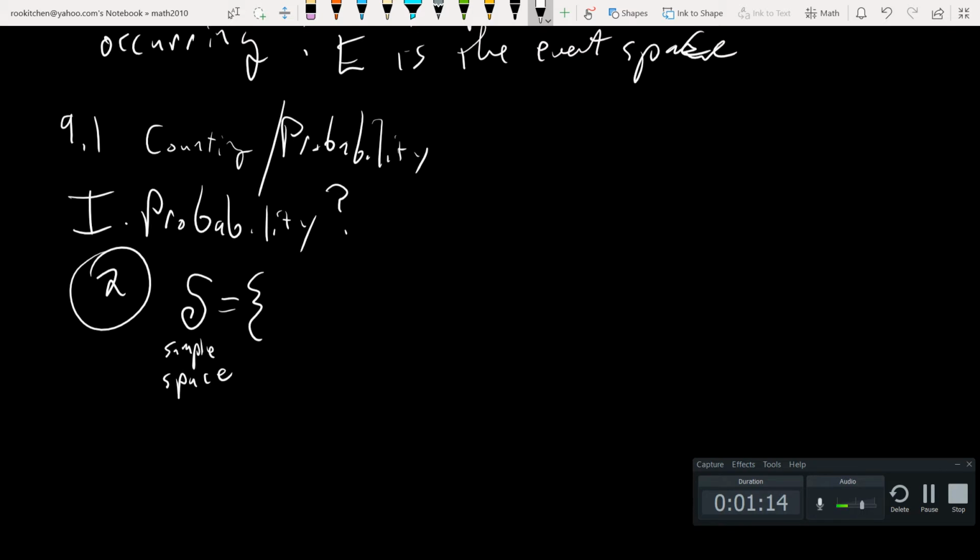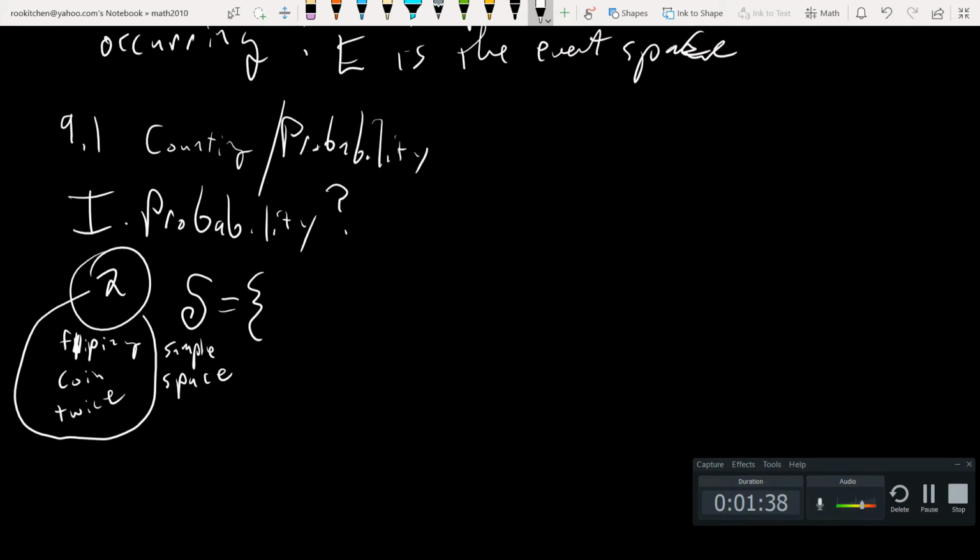We're talking about flipping a coin twice. Obviously, there's only one L in flipping. We'll use H for heads, T for tails, and HT would be heads on the first flip, tails on the second.